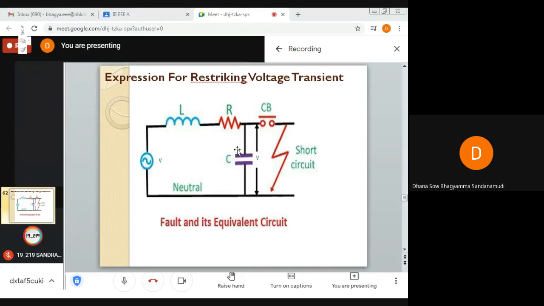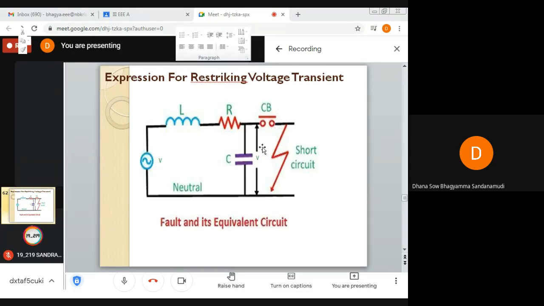As soon as the arc is extinguished, a voltage V will suddenly appear across the capacitor in this equivalent circuit. Whatever voltage is applied across the capacitor will be impressed across the circuit breaker contacts.